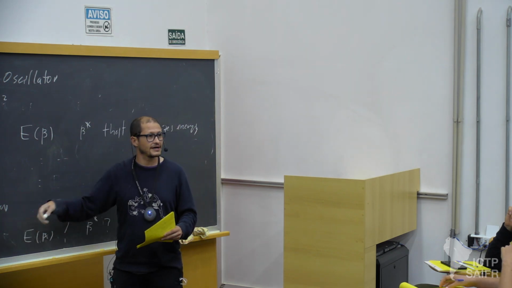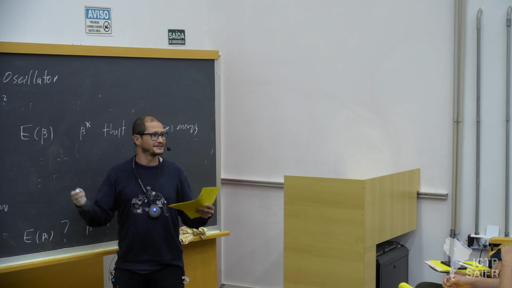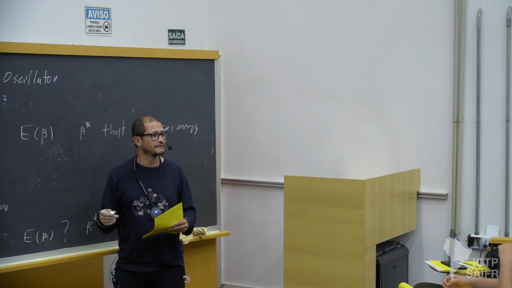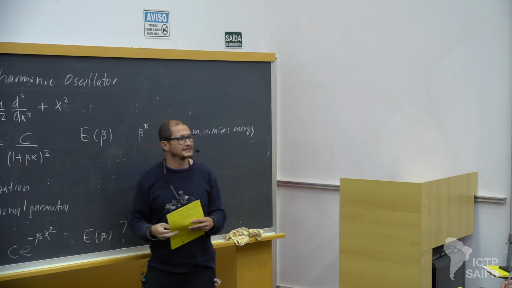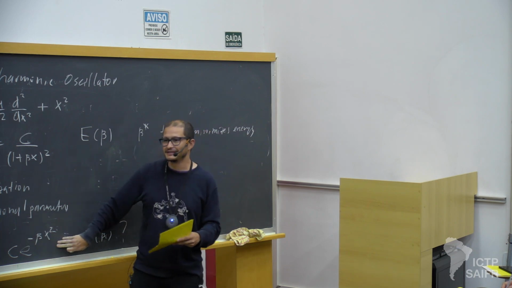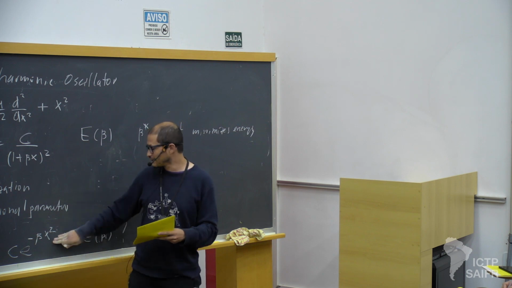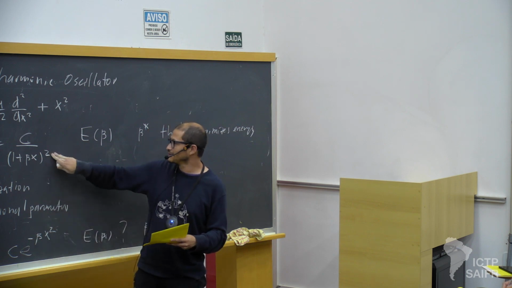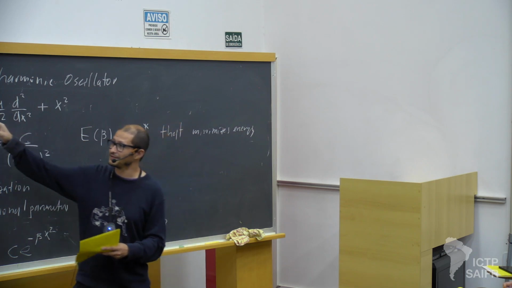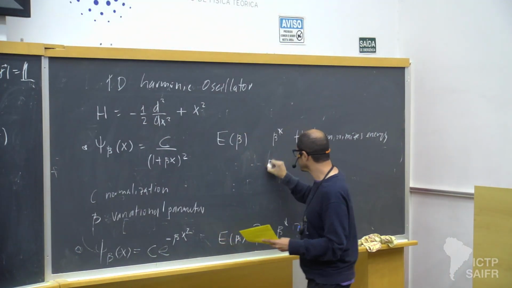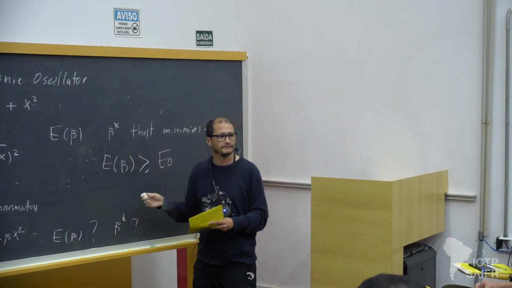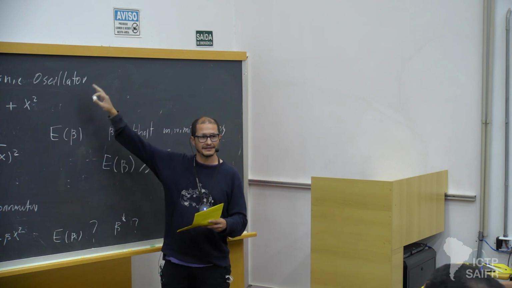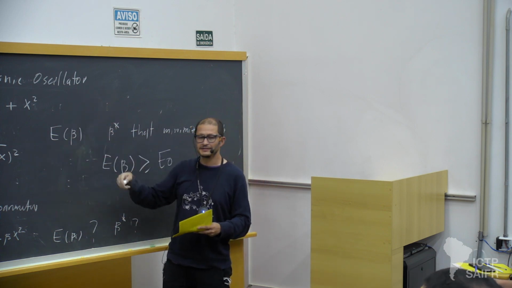B, and why is that? This one also has the same shape, but this one contains the solution. So it will give you the exact answer, whereas the other will not. According to the variational principle, E of beta is always greater than or equal to the exact solution. So just play with this and try to solve the problem.